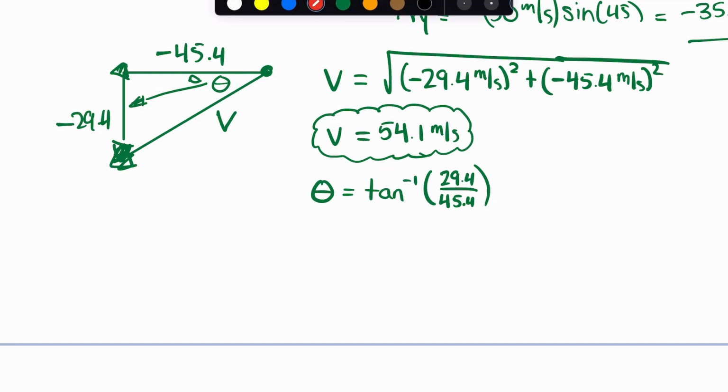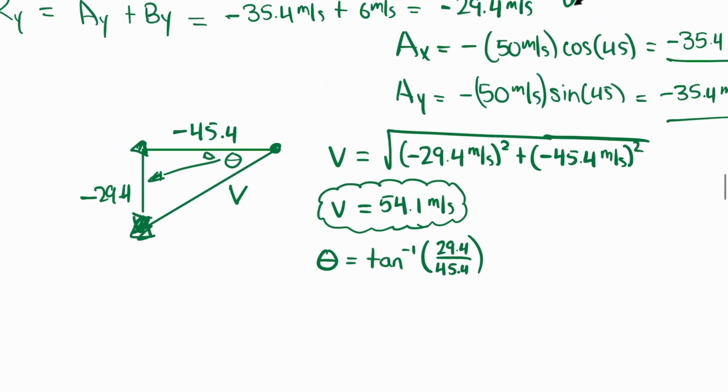But because I keep it positive, I need to interpret it correctly, setting my beginning as the origin, where this is east, north, west, and south. So this angle measure is going to tell me how much in between west and south I'm actually traveling. My angle measure, when I put it into the calculator, is going to give me about 33 degrees.